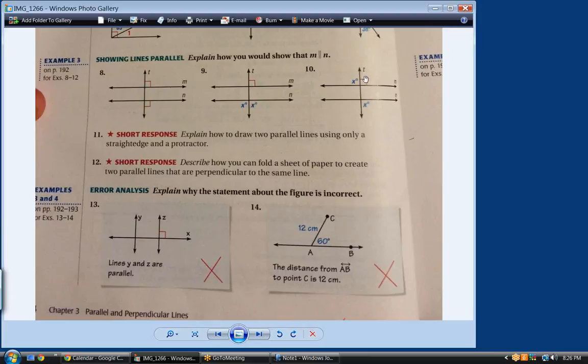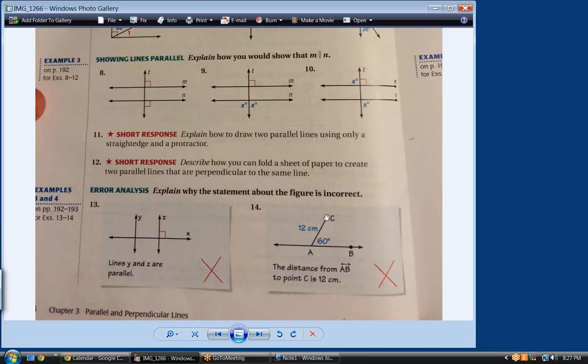You could take away that right angle right there. It would not matter. As long as that's X and that's X, then that's parallel to that, because those are alternate exterior angles. Exactly. One is equal to the other.